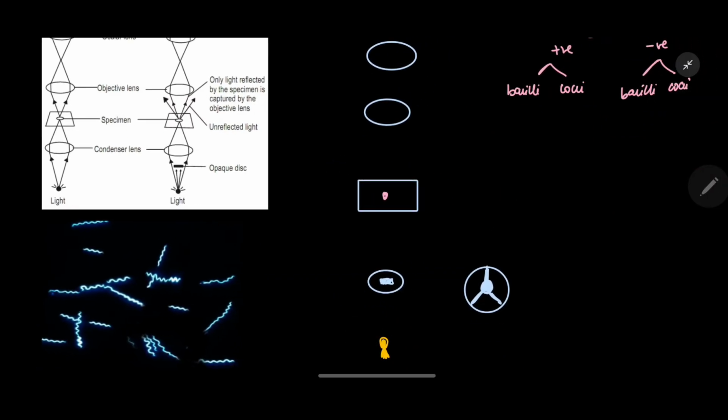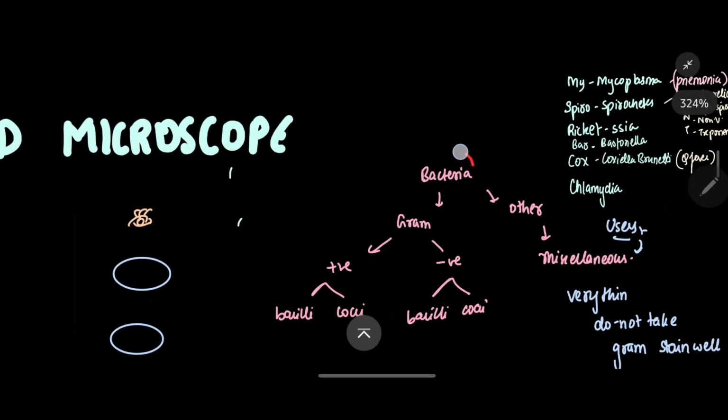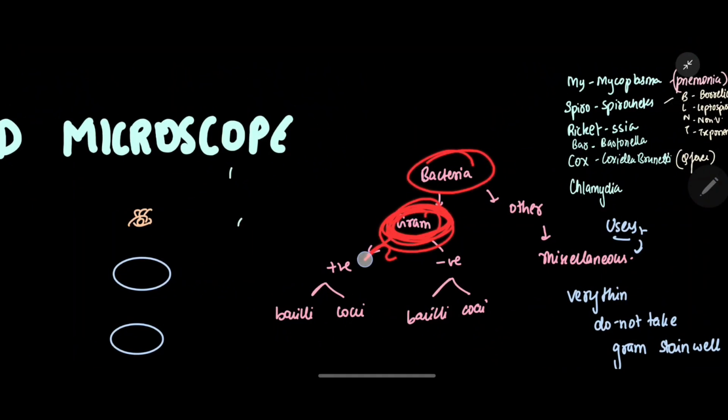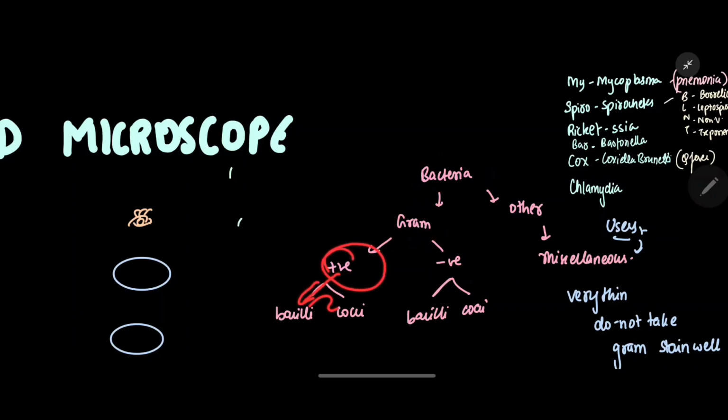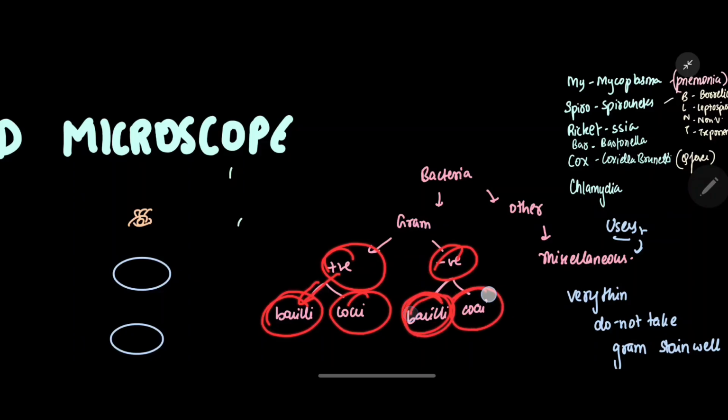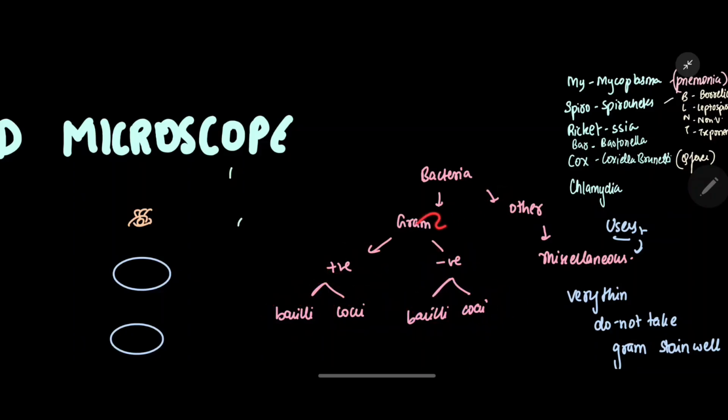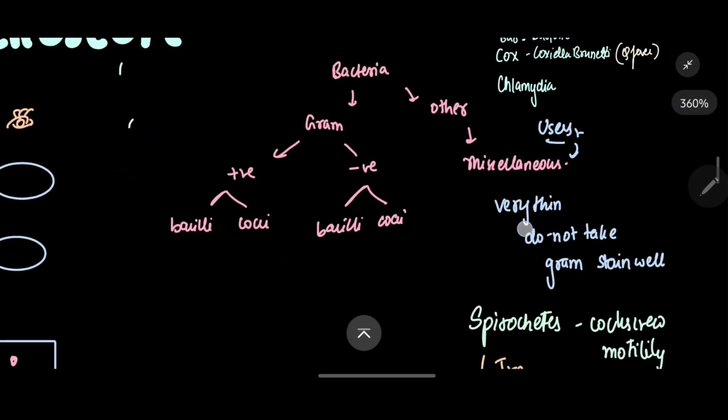We know that our bacteria are classified based on gram staining into positive and negative. Positive are further classified as bacilli and cocci, and negative too as bacilli and cocci. But there are some bacteria that cannot take up the gram stain because they are just so thin, or they take up other stains.